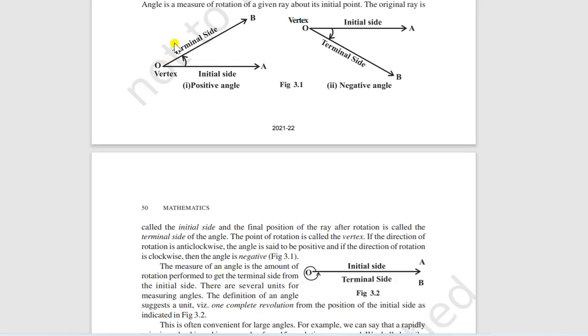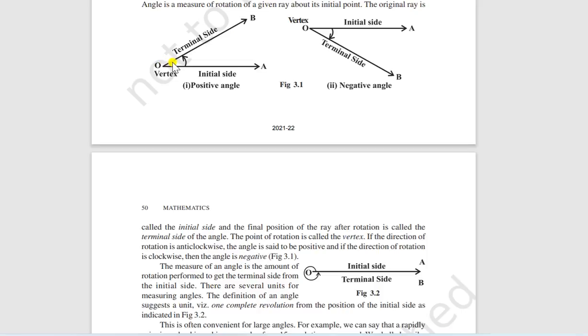So this is the terminal side, which is the ending side, and this is the initial side, and this is the vertex. Vertex is the point of rotation. This is O basically, the point through which it has rotated.